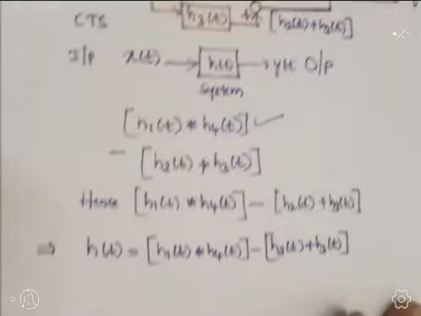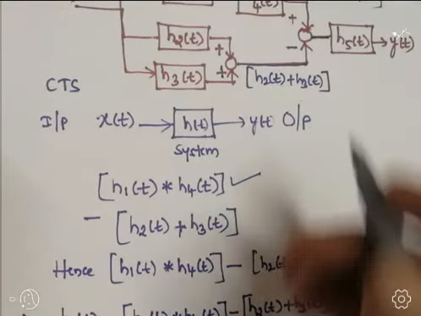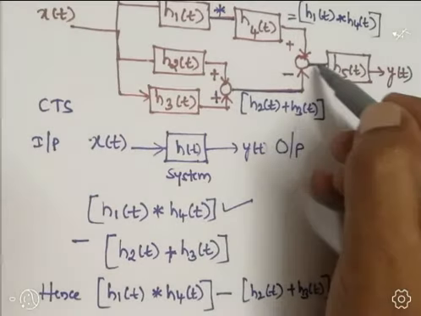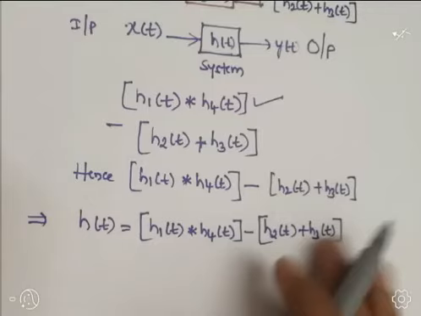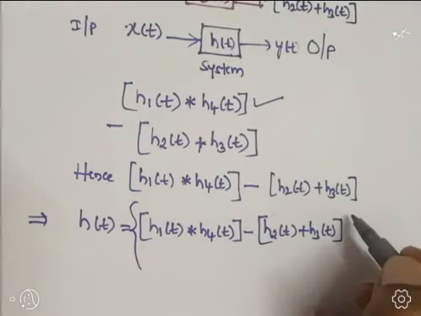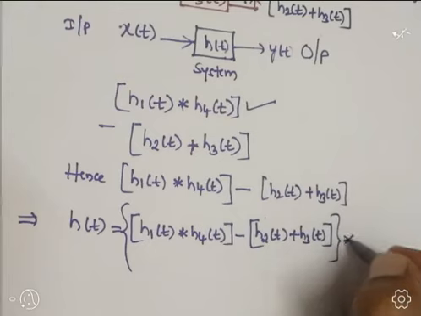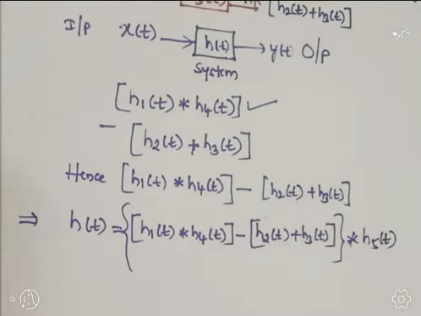This result is then convolved with h5 of t, so we put it in a bracket and convolve with h5 of t. Likewise we are getting h of t.